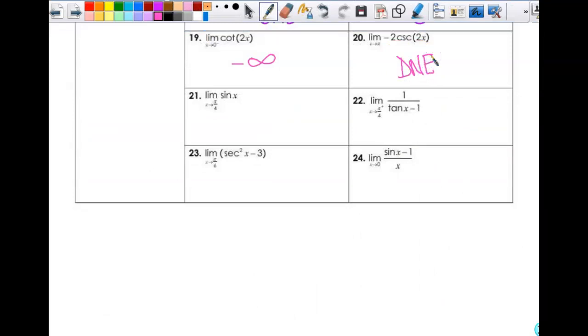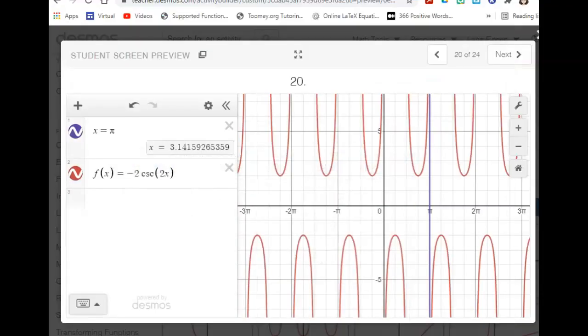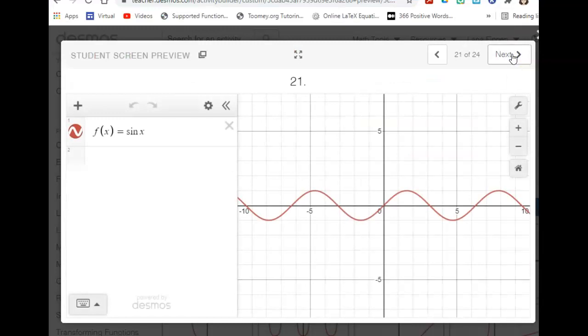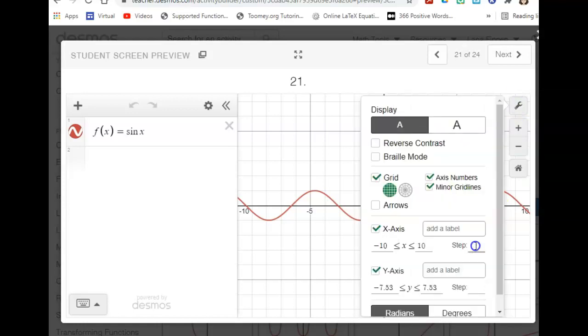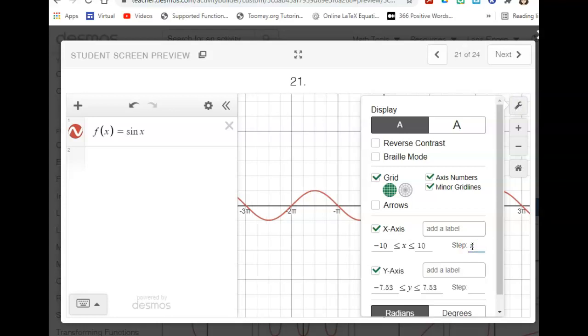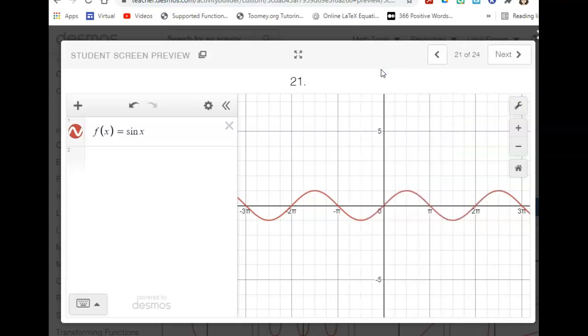All right. So 21. I want the limit as x approaches pi fourths. Here, since I can see clearly that it's not going to be an asymptote, I probably want to go ahead and change the step and not draw in a line there. So I'm going to make that pi. So I can see if this is pi halves, this is pi fourths.